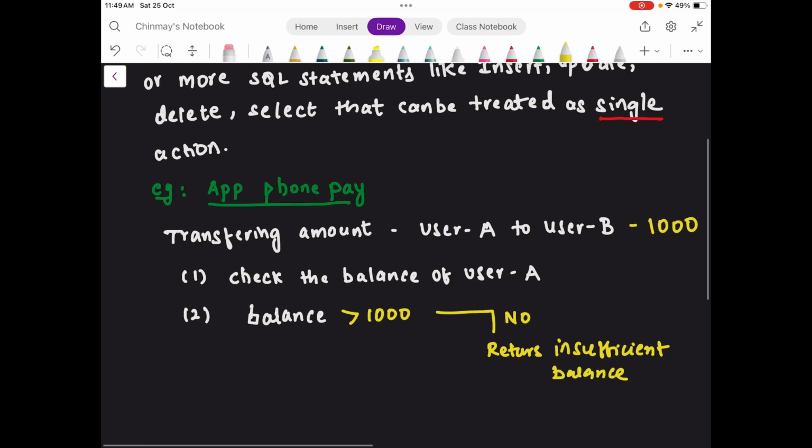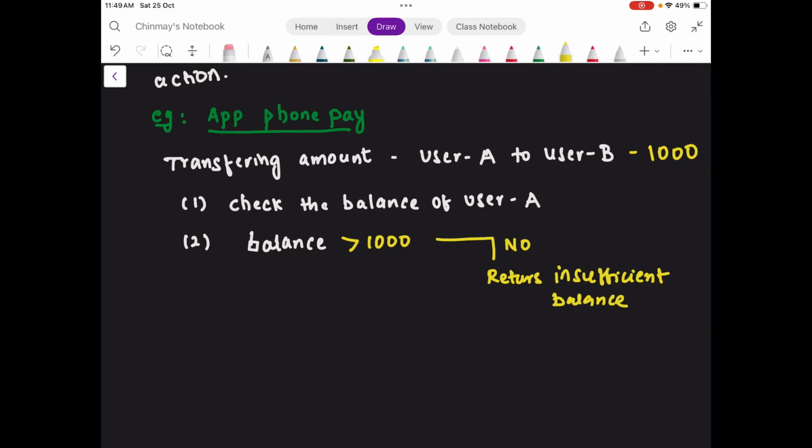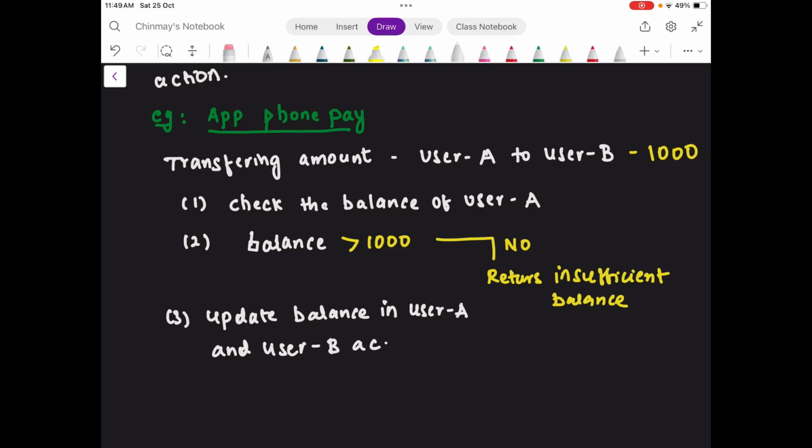If the balance is greater than 1000, what happens? Update the balance in user A and also user B accounts.